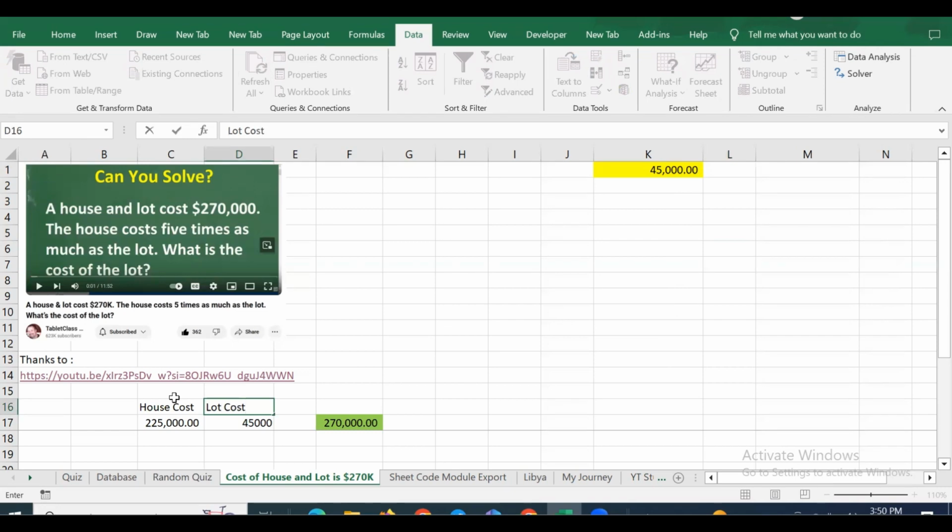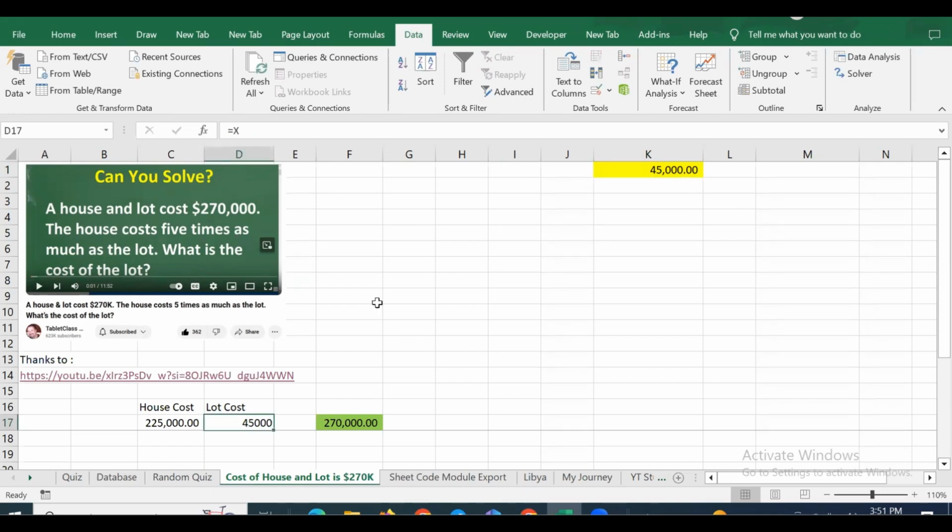The cost of the lot is this. The question was, what is the cost of the lot? The cost of the lot, as worked out by goal seek for you, is 45,000, right?